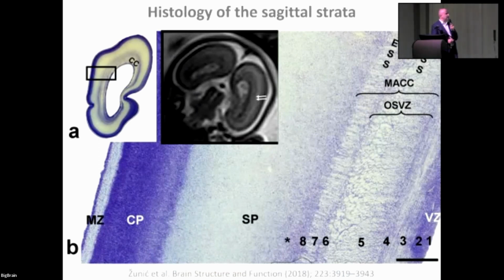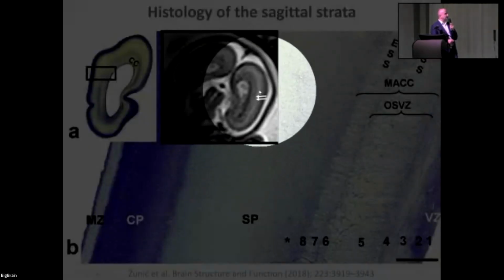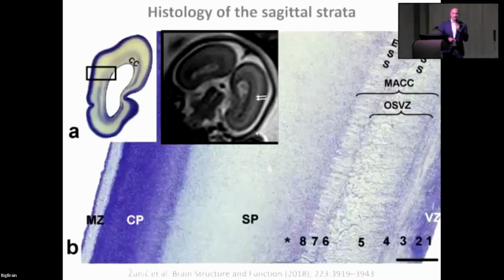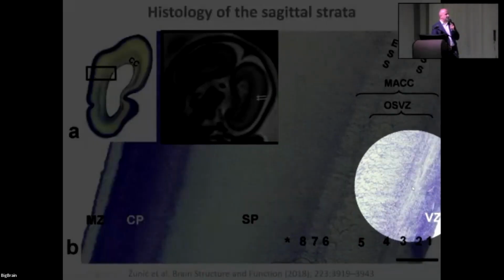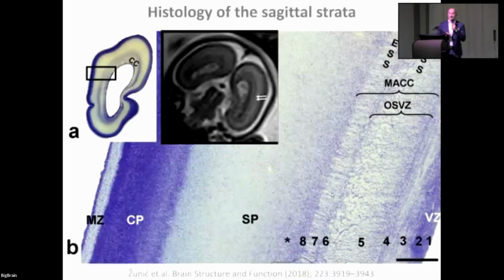Just by looking at neuroimaging, you cannot realize what you are actually looking at, because the resolution is not good enough to see all the details. But when you make a histological section of the sagittal strata, then you see an extremely complex laminar organization of cell fibers.